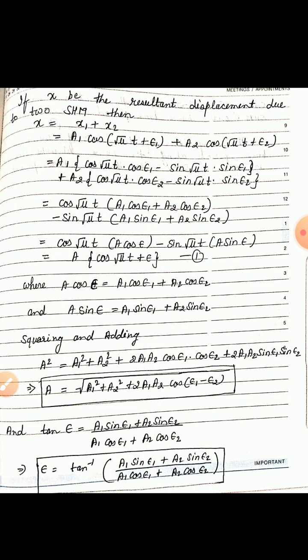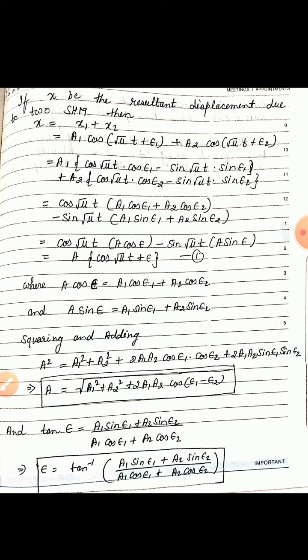As I discussed, here A cos ε is equal to A1 cos ε1 plus A2 cos ε2, and A sin ε is equal to A1 sin ε1 plus A2 sin ε2.